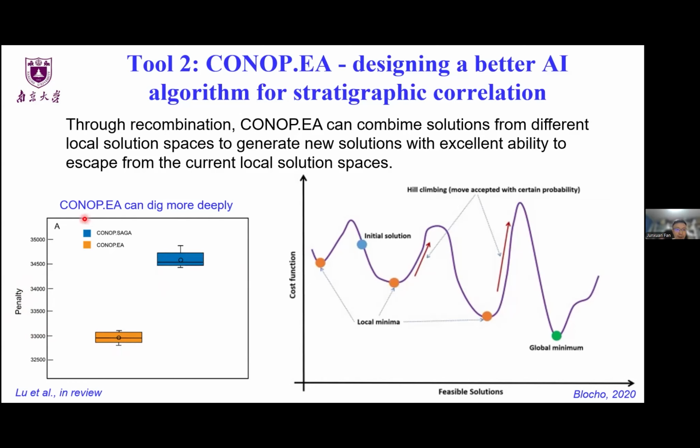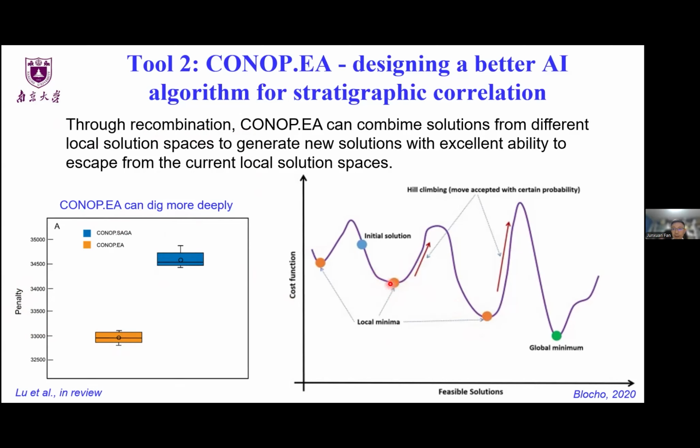That's because the CONOP EA program can dig more deeply in the solution space. Why? Because through recombination, CONOP EA can combine solutions from different local solution spaces. For example, this is a local solution space.